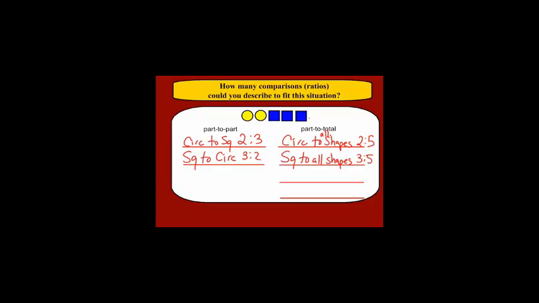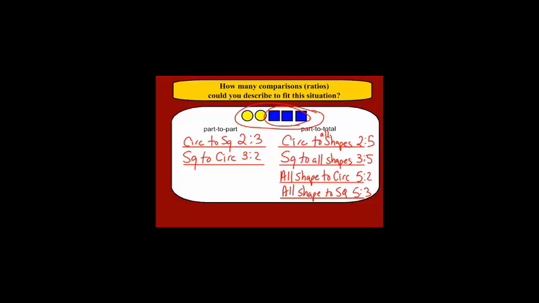So we're comparing a part to the total number, a part to total ratio. And for our last 2 part to total ratios, we could compare all shapes to circles. So that's 5 to 2, or we could do all shapes to squares. And that would be 5 to 3. So those are 6 different ratios that we could write based on that situation.